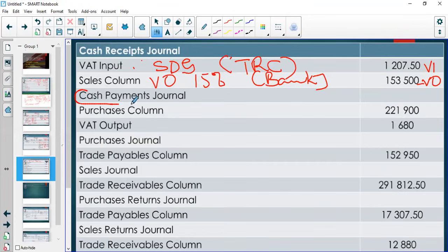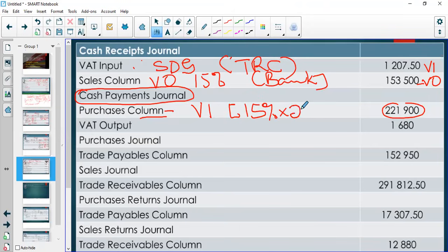Then we come to the cash payments journal. So we made payment. So the purchases column is this amount. So you remember this is going to be VAT input because we are making a purchase. But the purchases column will be recorded exclusive of VAT, right? So the actual VAT input is 15% multiplied by 221,900.